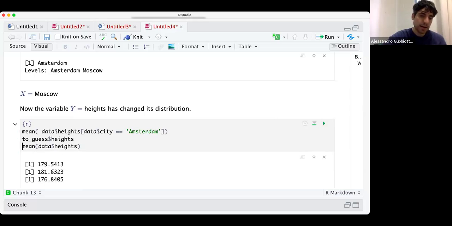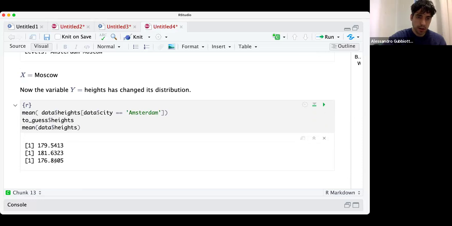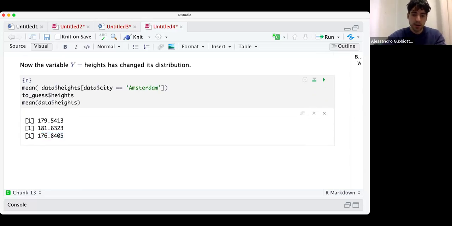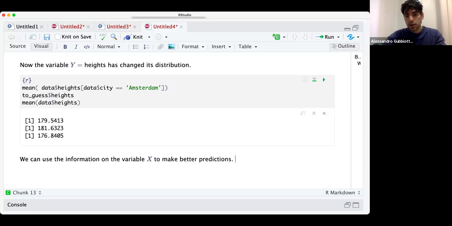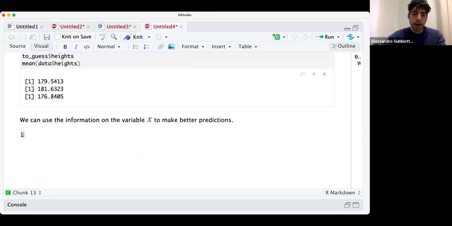His height is 181, and the guess without knowing which city he is from is 176. So much worse. So the moral is that we can use the information on the variable x to make better predictions. So keep in mind these two facts, and then we will do the linear regression properly.